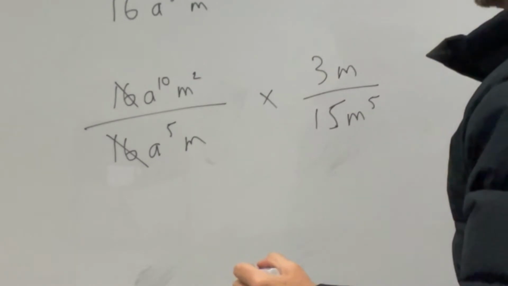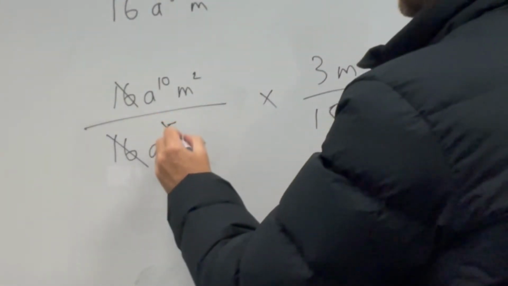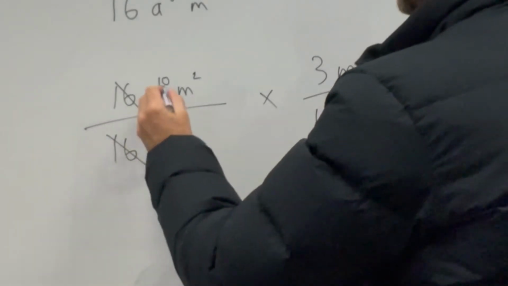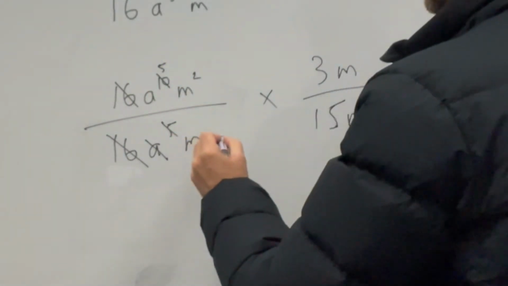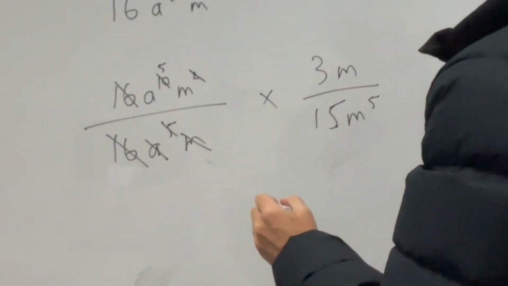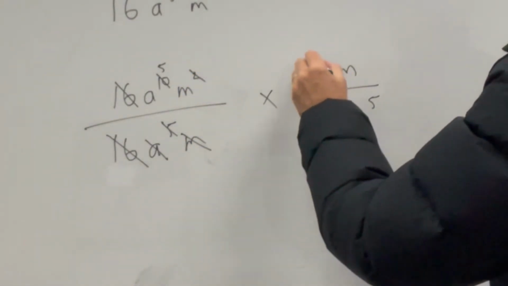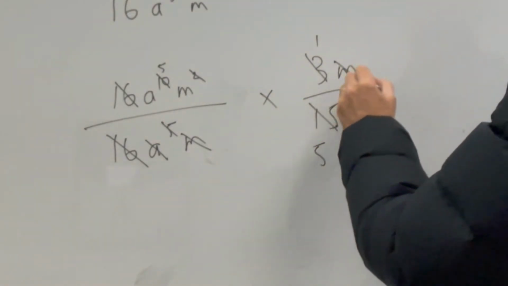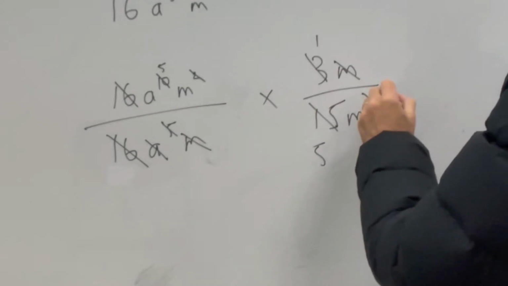We can cancel that 5 there with 5 of those, and we can cancel that m with one of the m's here. We can cancel that 3 with that to give us 5, and we can cancel that m with one of those to give us 4.